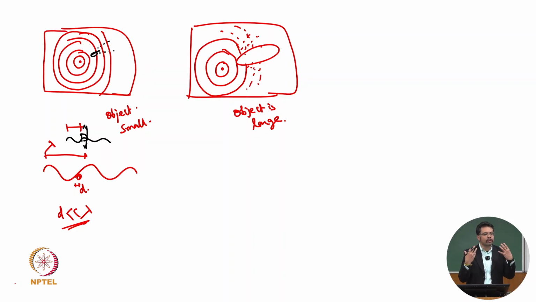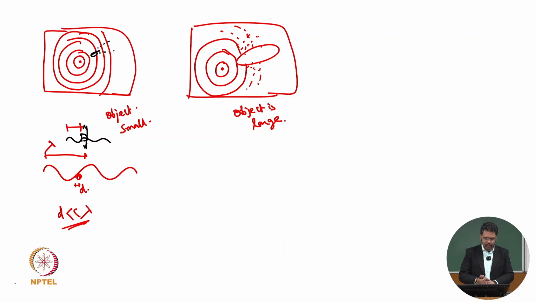The wave cannot see that particle, or you can say that the particle is there, but the wave field does not get changed due to the presence of that object. Agreed?